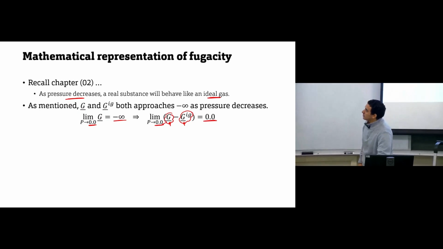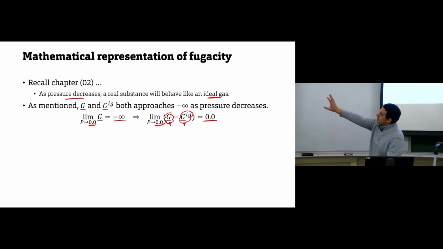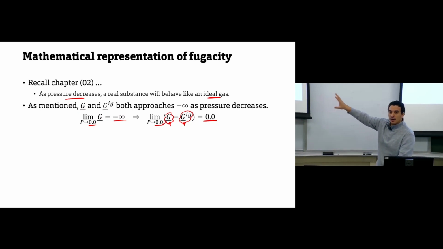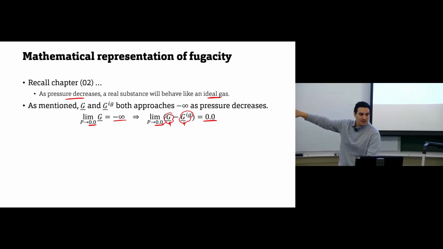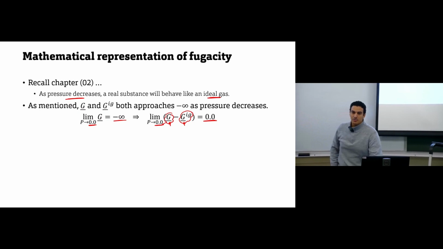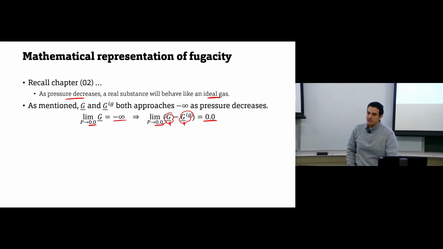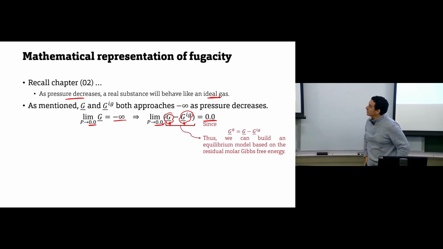Do you remember what we call, from the previous chapter, the property of a real substance minus the property of the same substance at ideal conditions? Anyone remember the last thing we discussed in chapter 6? Residual property. So G minus G at ideal gas is the residual molar Gibbs free energy.